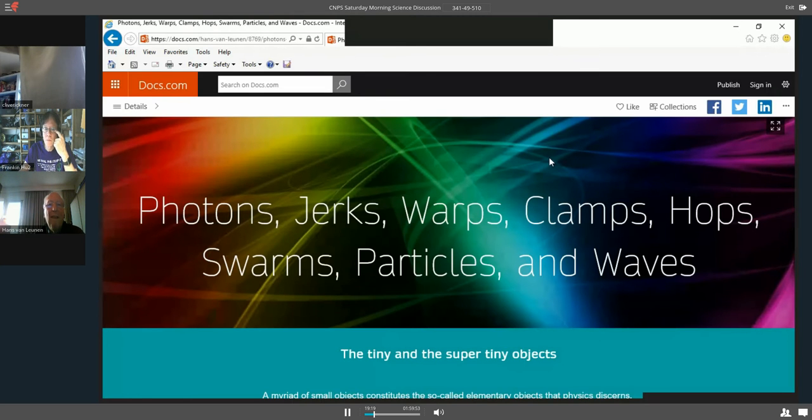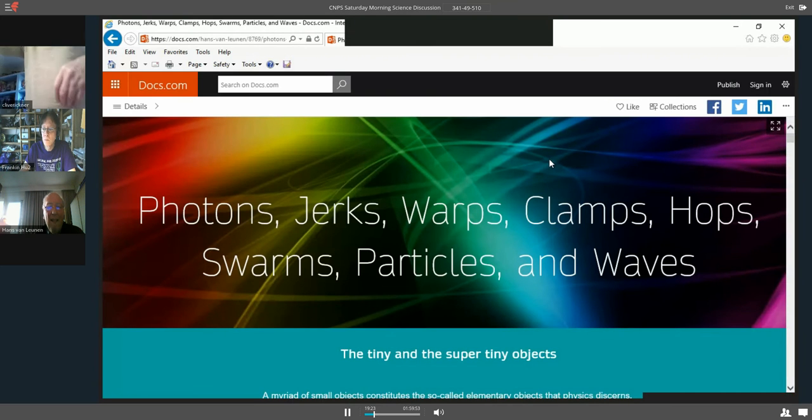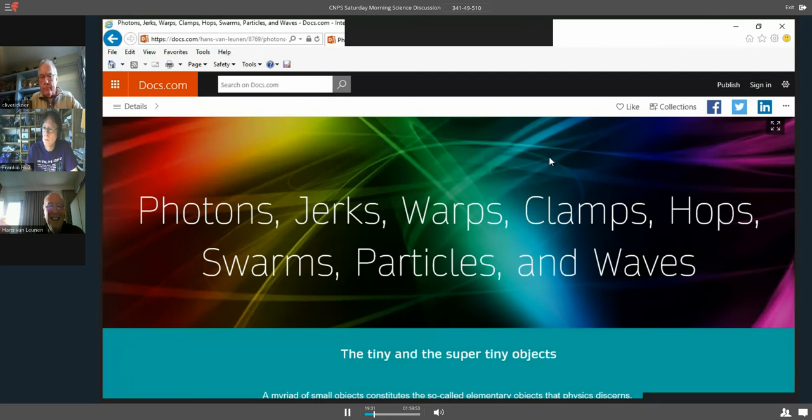What are each of these terms you have here in your title of your paper? Because these are certainly not terms we would normally hear, like jerks and clamps and hops and forms. So what are these things? The warps is a name that I gave to the one-dimensional shock fronts, and the clamps are the name that I gave to the three-dimensional, the spherical shock fronts.